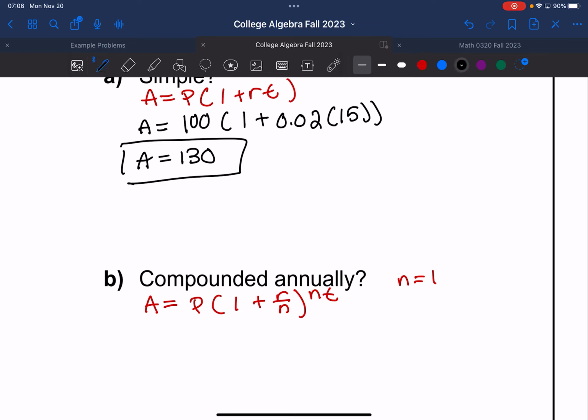So plugging everything in, we have A is equal to P, which is 100, times 1 plus our rate, which is 0.02, divided by 1, because that's our N value, to the power of 1 times 15.